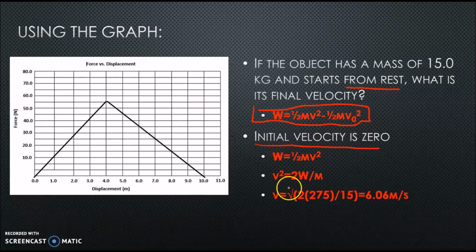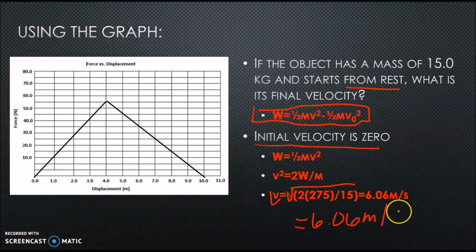Plug in what we know for that final velocity, and so we're solving for it down here. We remember to take the square root of that entire side after moving around those numbers, and we're going to get 6.06 meters per second for the final velocity.